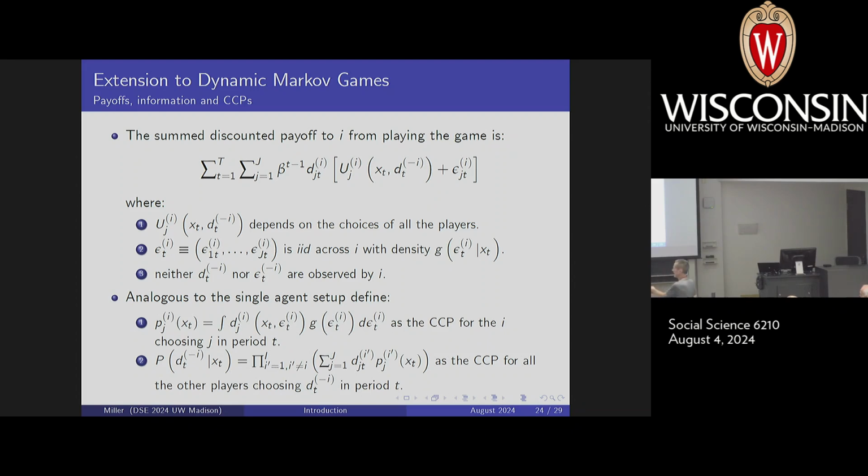So here's our analogy to the single agent setup. You've got a conditional choice probability, because you're thinking about, here is the industry.